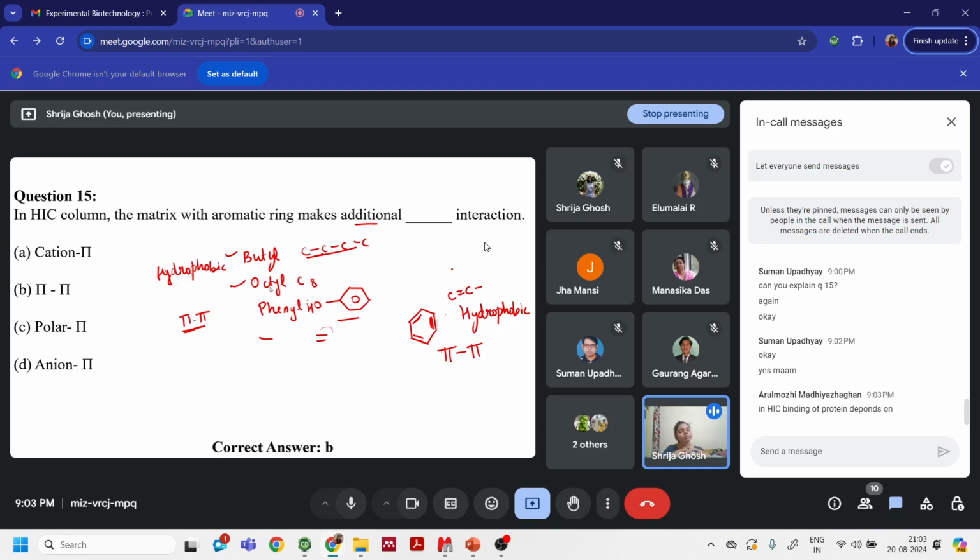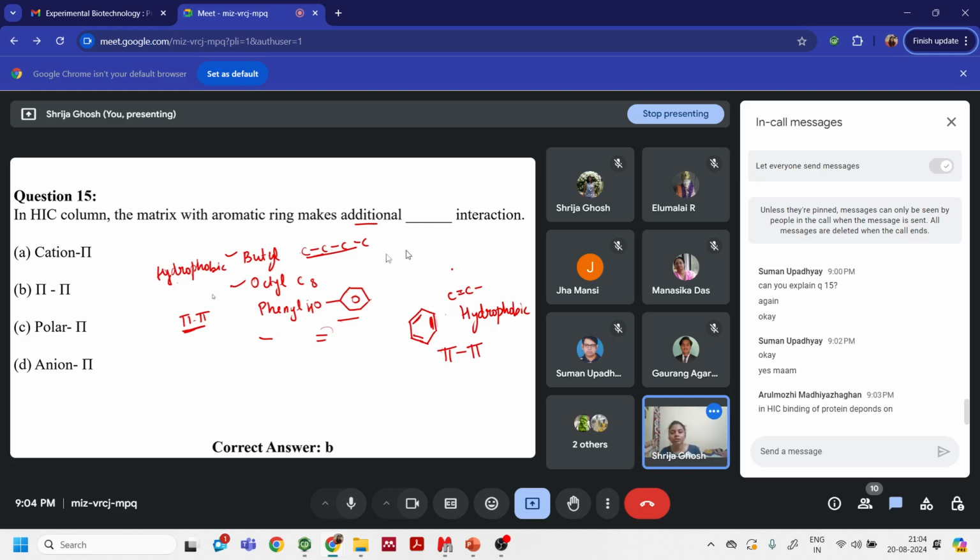Now protein will be composed of many amino acids. Some can have the hydrophobic character, some can have the hydrophilic character. The amino acids that have hydrophobic character can actually help the protein bind to the hydrophobic interaction column, where such kind of groups are present.